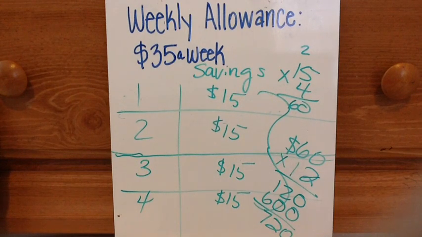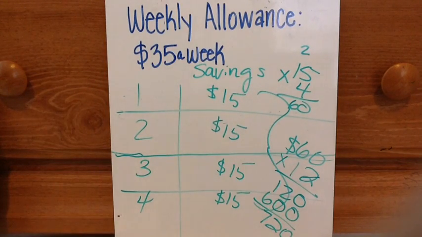So just imagine if you do this for a few years, you can be around $2,000, $3,000, which is a great way to start for buying a car. And if you don't want to buy a car, that's great to save up for college or something like that. College textbooks, they cost a lot of money every semester. So that's an example of savings.